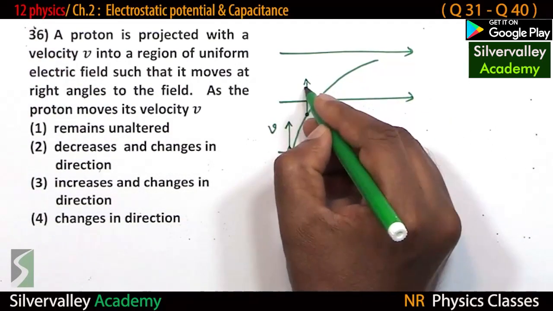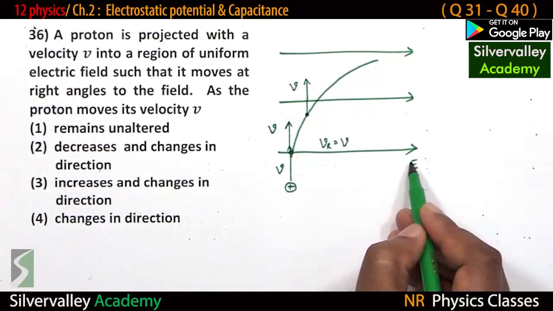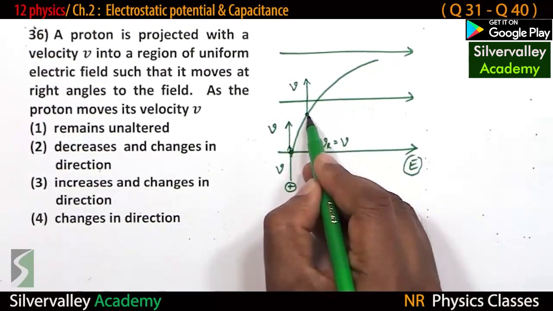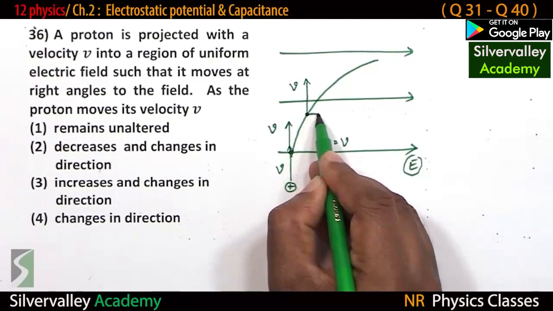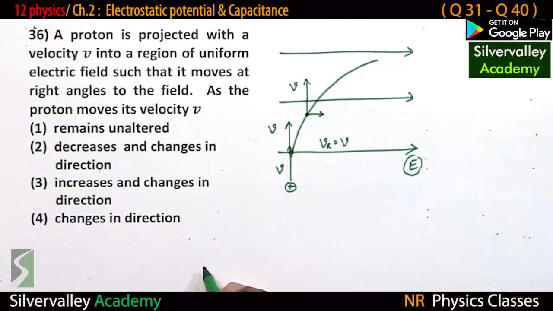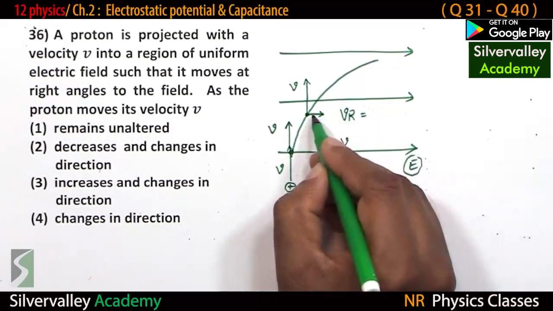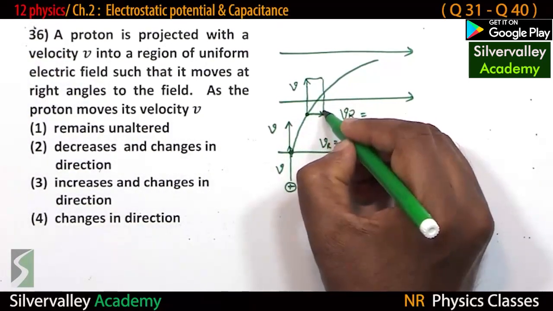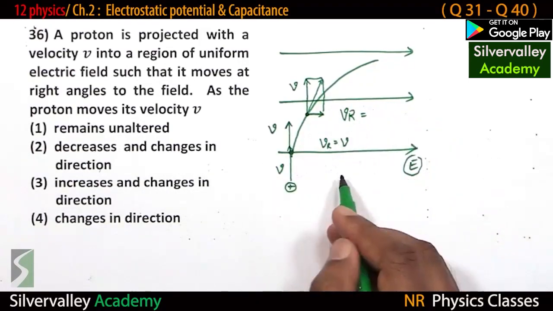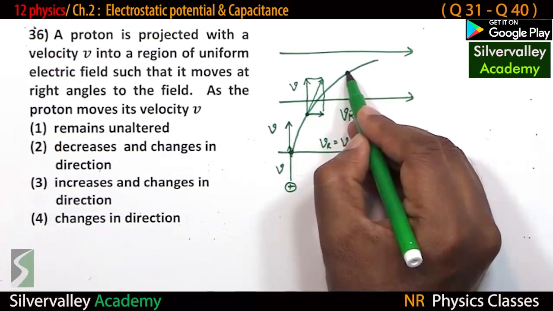So this is v, this is also v. Because of this electric field, proton acquires some velocity in this direction. So resultant velocity is vector sum of these two velocities. Now at this point, this is v.